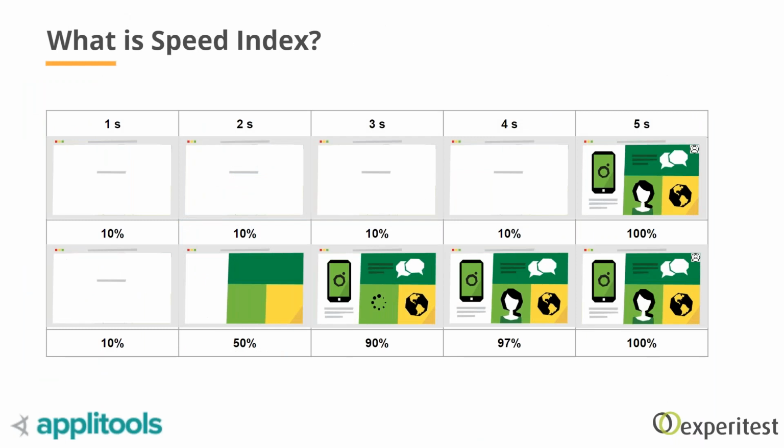I did want to cover speed index, and speed index is a very important metric when it comes to your application performance and user experience, and here you can see a very insightful example. So we have two websites.